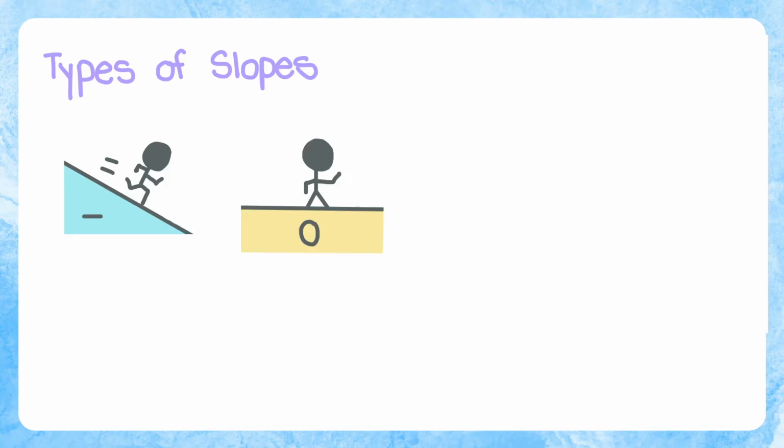So there's a few types of slopes we can have. Think about a literal slope that you might be walking up or down. If you're walking down, it would be a negative slope. And if you're walking on a flat surface, that means you're walking on a surface with a slope of 0.